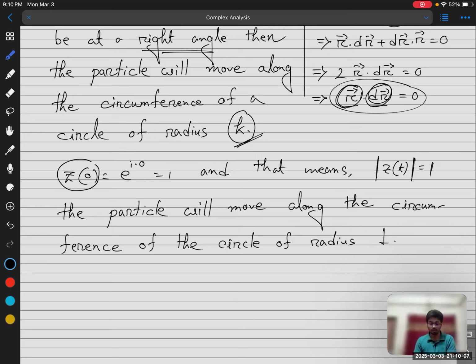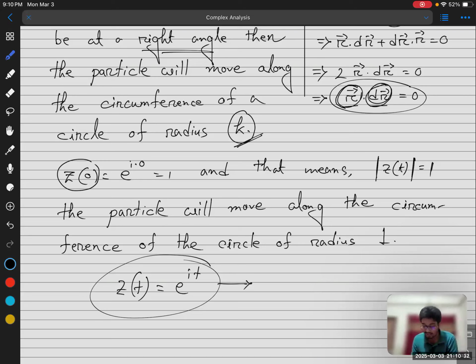So we just identified that if z of t is e to the power it, then this particle motion will be on the circumference of a circle of radius 1. But that doesn't mean our Euler's identity is already proved. We need to do several things here.